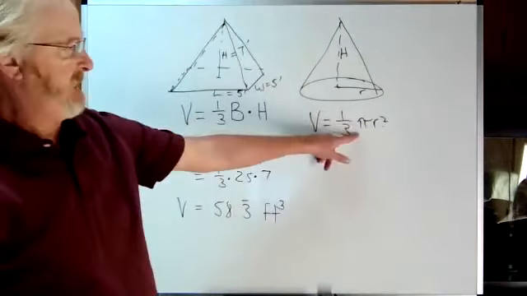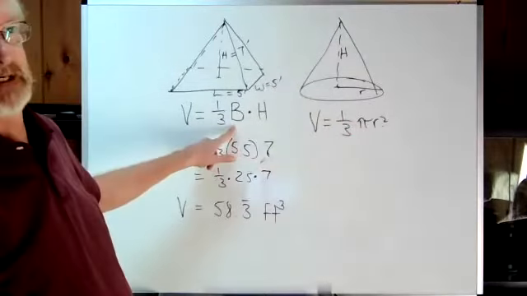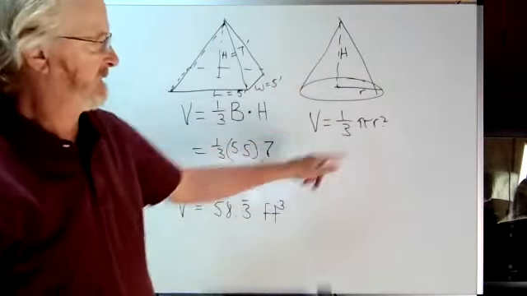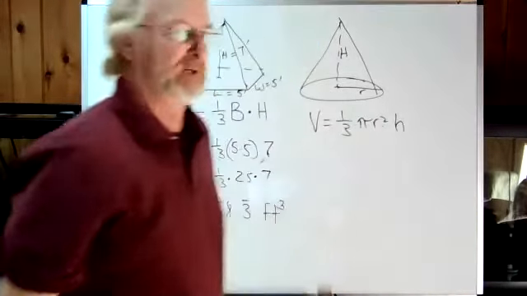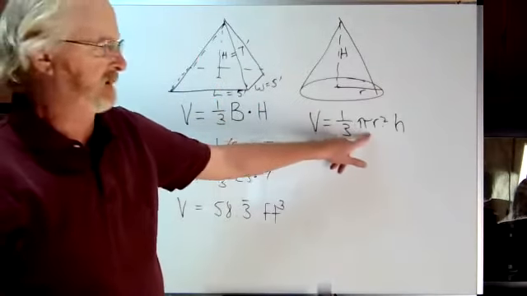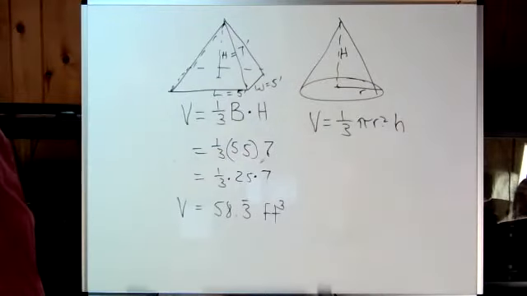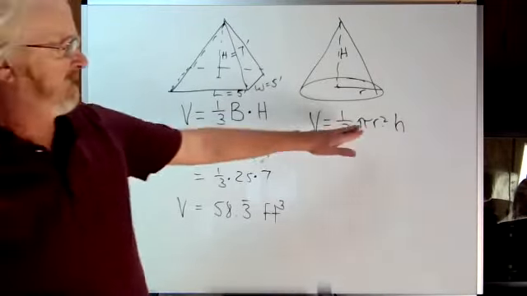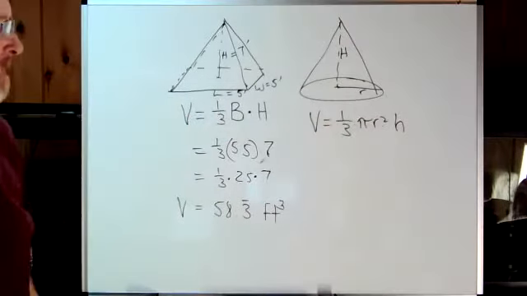Remember, that's the area of the circle. That's the base area. Just like this was the base area. That's the area of the circle times the height. I think that's kind of weird that you've got a square-based pyramid, and here you've got a circle-based cone, and the formula is really closely related. It's the area of that base times 1/3 times the height.